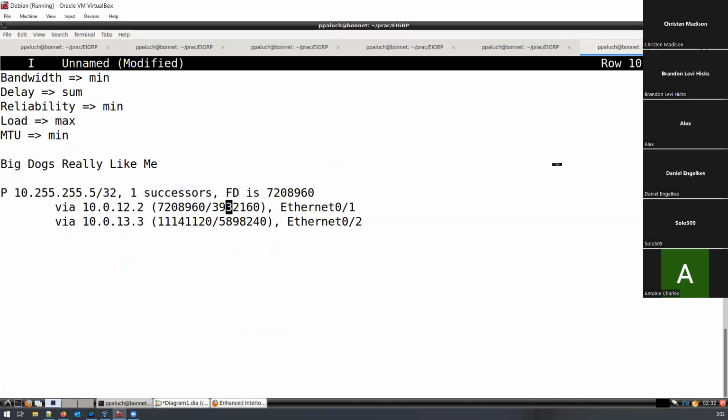So first of all, let me look into these brackets. The first value that's shown here is called the computed distance. Then is reported distance.